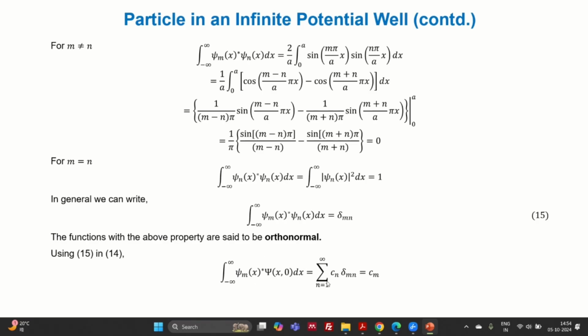On the right hand side, I had the summation n equal to 1 to infinity of Cn times this integration term, but that integration term is equal to delta mn. Now, if I sum over n from 1 to infinity of Cn delta mn, what will I get?